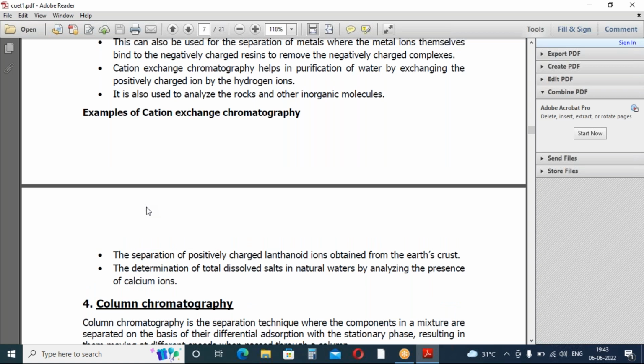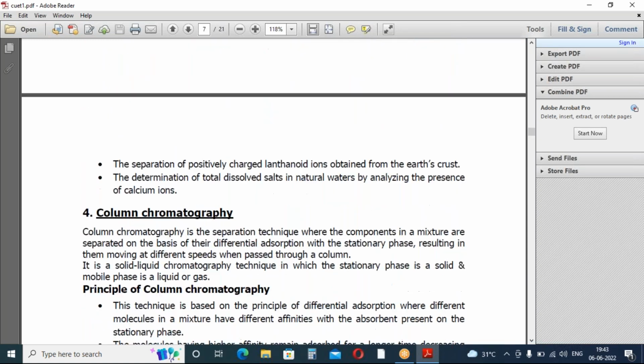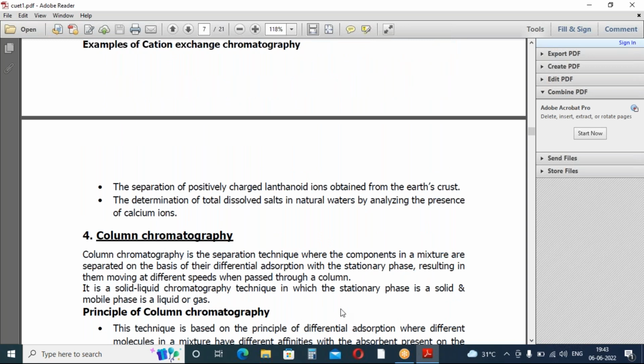Okay, and this is a type of solid liquid chromatography technique, in which the stationary phase is solid, consisting of agarose or cellulose, packed with this stationary material, which is the solid material, whereas the mobile phase is a liquid or a gas. Mobile phase is a liquid or gas.